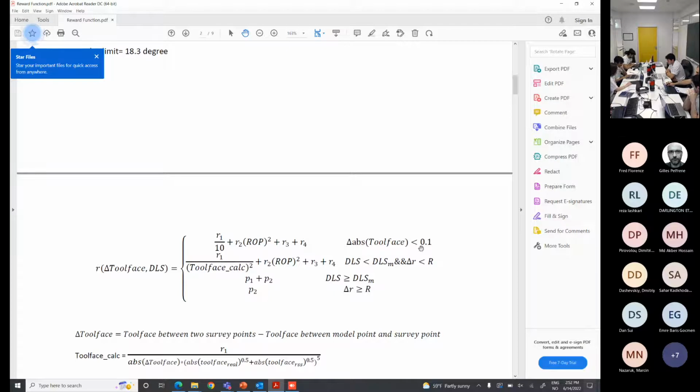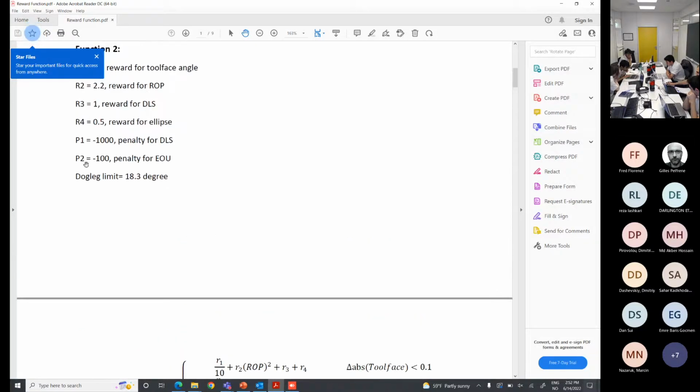But if it's higher than 0.1, it calculates a reward. And if it's not inside of the ellipse and the dogleg severity is too high, there is a penalty. I am adding them to each other. And if it's out of radius, it is giving another penalty, the P2, and it is around 100.